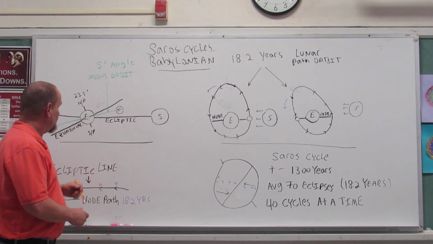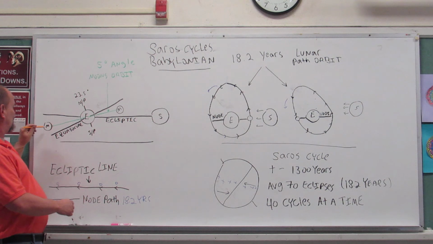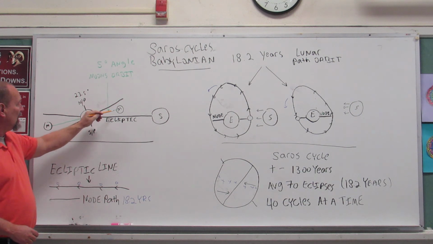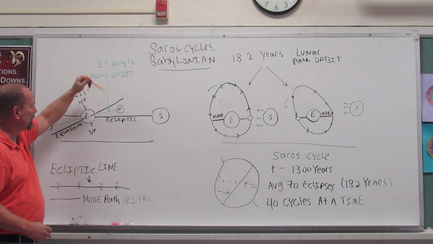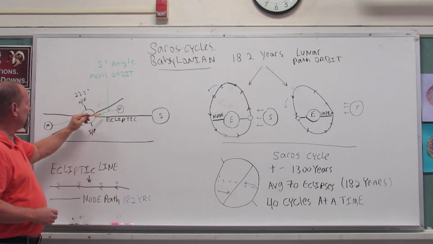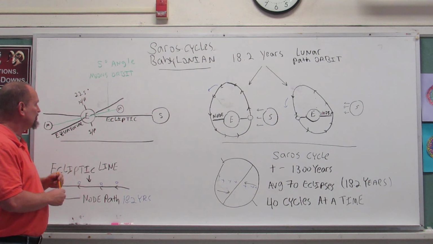Real basic. Here's the Earth, here's the Sun, here's the Moon, here's the equatorial line, here's the ecliptic line, and this green line represents the line of the Moon's orbit. The Moon's orbit is roughly about 5 degrees angled off of the ecliptic line.